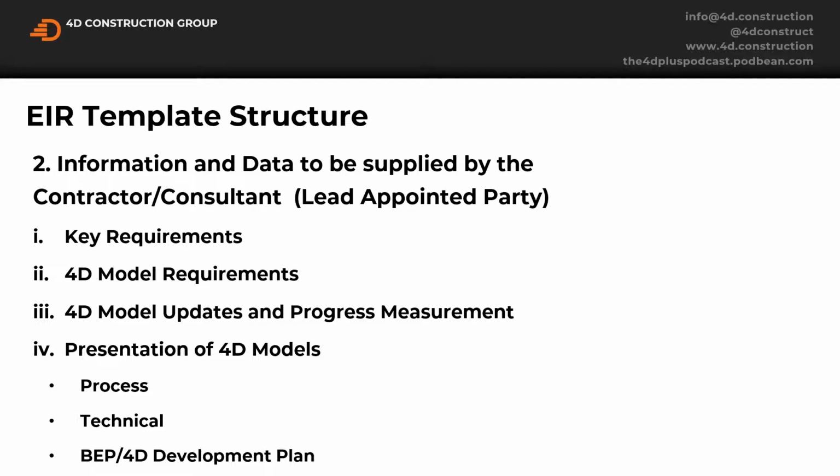Are you asking it to support your reporting, your monthly reports on progress, or your reports on key milestones, or to support payment applications? Or are you asking for it to promote proactive planning between the project team? So how often are you expecting different team members to engage, to discuss?